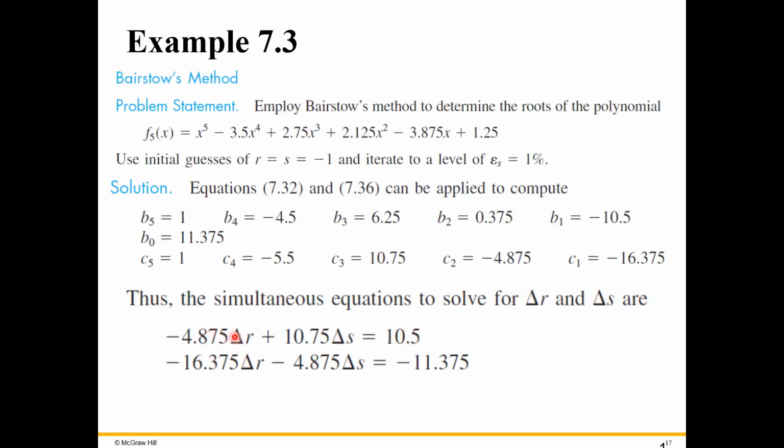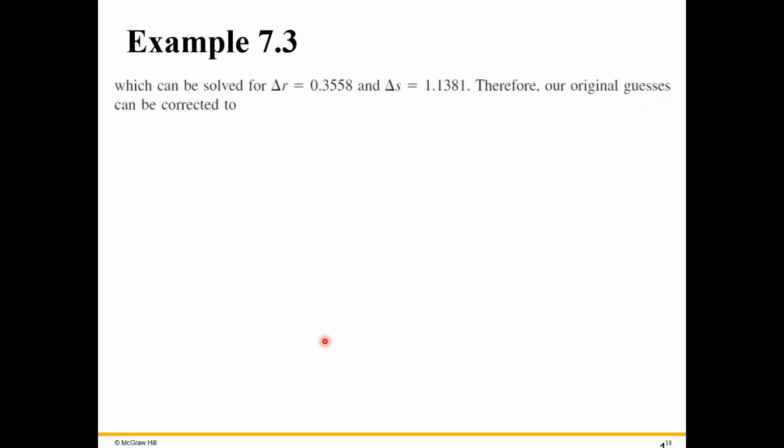That will be 10.5 minus 11.375, and then plus 10.5 into 10.75. That will be delta r divided by the main determinant. Okay, so you can apply Cramer's rule to find delta r and delta s in this way.